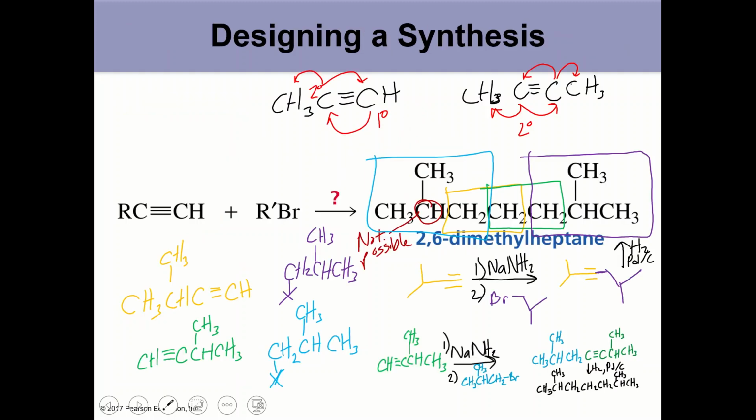So in reality, I showed you two options, and those two options had the alkyne at a different position. But in reality, there are probably 4 different ways to make the final product.